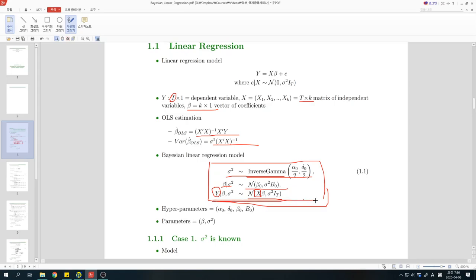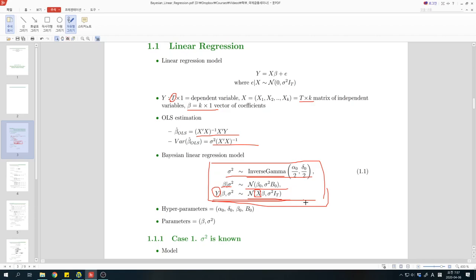So this is the Bayesian linear regression model, and this is also how you understand a linear regression model. Whenever you criticize or understand a linear model, you should look at it in terms of the data generating process.